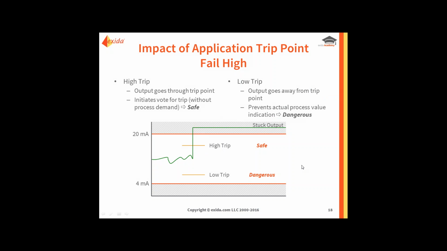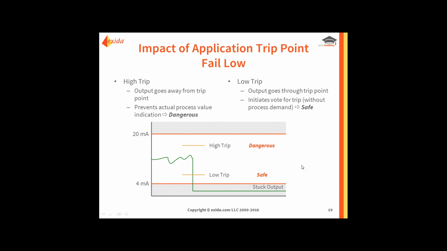Well, let's look at fail lows. It shouldn't be a surprise that this is pretty much the same except the opposite. Now, if we have a high trip scenario, the fail low failure will go away from the trip point. The transmitter will no longer be able to indicate a dangerous process condition. It's not initiating a trip, therefore it's dangerous. In a low trip application, the fail low failure will actually go through the trip point, indicating that the process value is beyond the trip point and initiate a transition to the safe state.